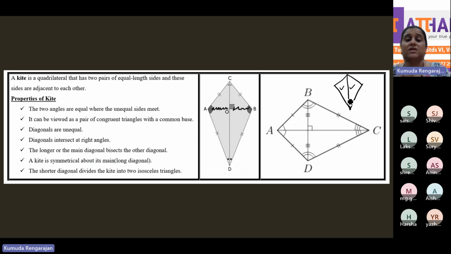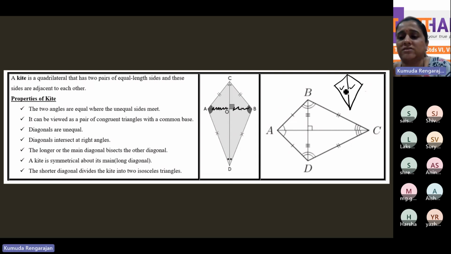These two triangles are identical triangles. Congruent triangles meaning they're identical. If you try to place one over the other in a particular way, they'll coincide. Identical things will coincide, right?